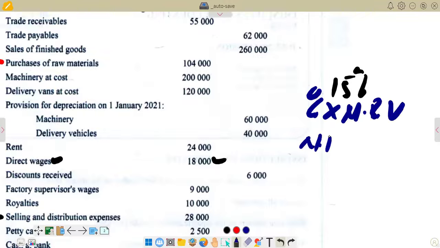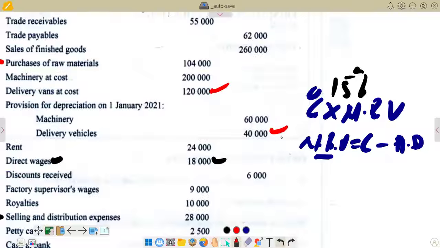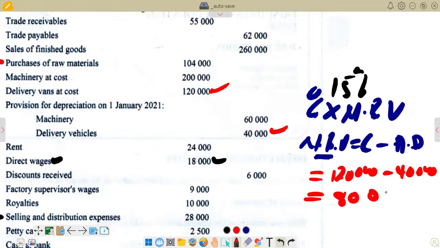Net book value we find by saying cost minus accumulated depreciation. So first of all, we have to find our net book value, whereby we are going to say cost minus accumulated depreciation of our delivery vehicles. Our cost for delivery vans is 120,000. Then accumulated depreciation for delivery vans is 40,000. So we are going to find the value first by saying 120,000 minus 40,000. We calculate it as such, and we get 80,000. So this is our net book value.